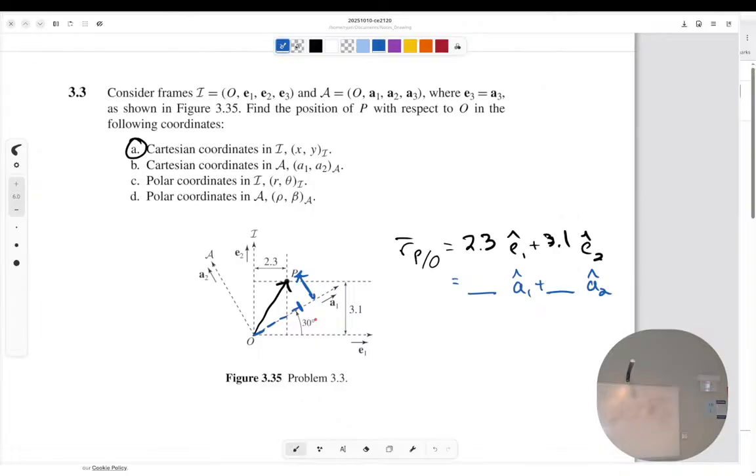It's like a triangle. This is plan one, the vertical line, trying to figure out that horizontal.